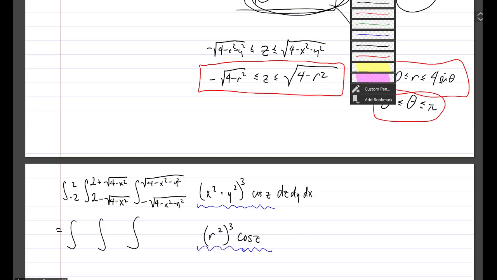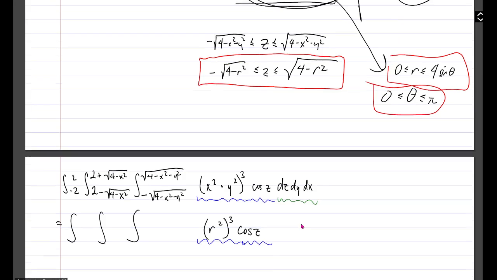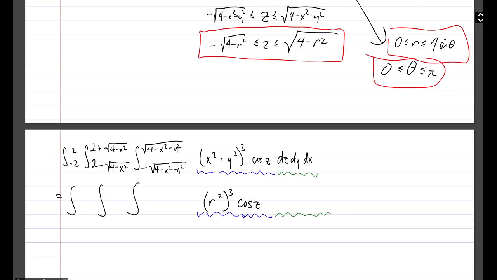Now, the volume differential here, dz dy dx. So let's write that here. I've underlined in green. Well, there's going to be an extra r, right? That's the extra factor of r that popped out from polar coordinates. And then it turns out to be very useful to integrate with respect to z first.